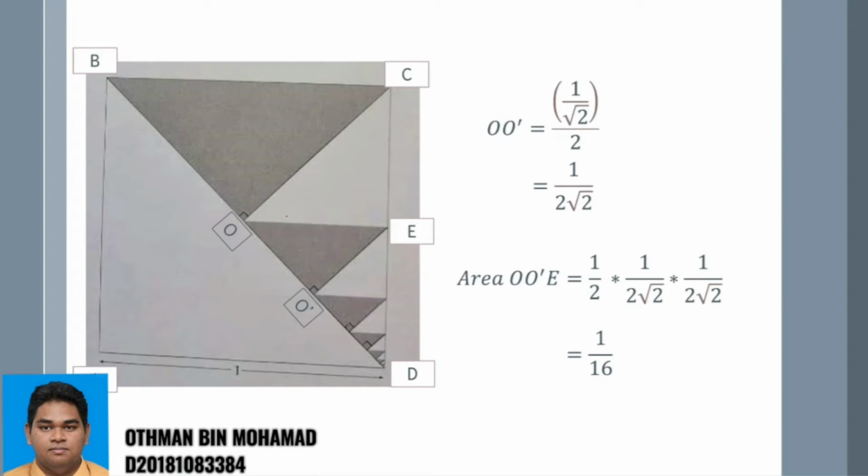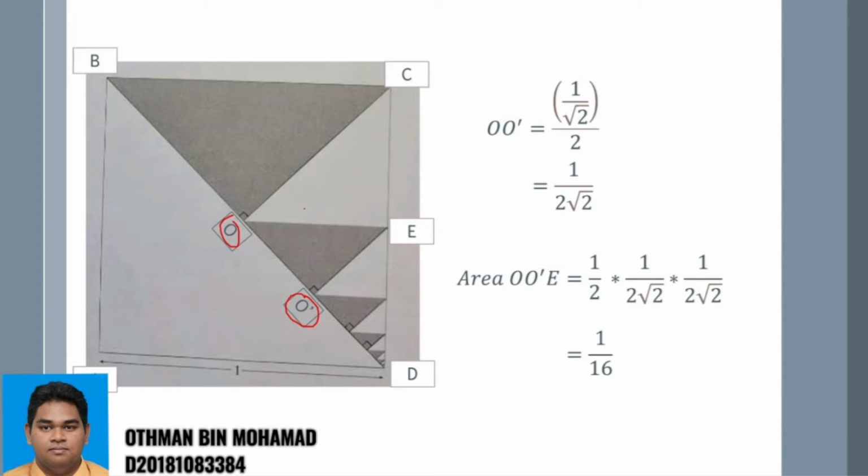Now we must find the length of O and O prime. To do that, 1 over square root of 2, over 2, equals 1/2 square root of 2.